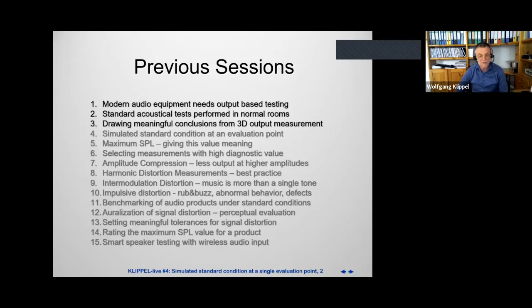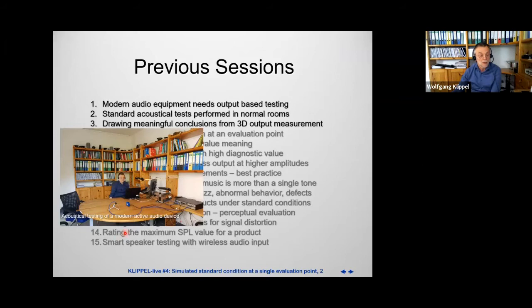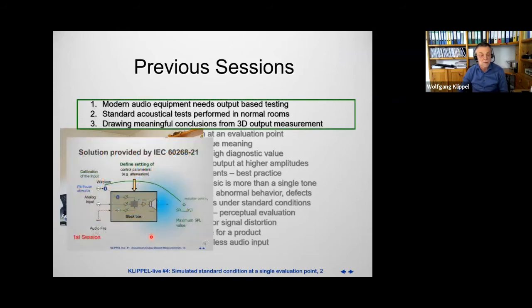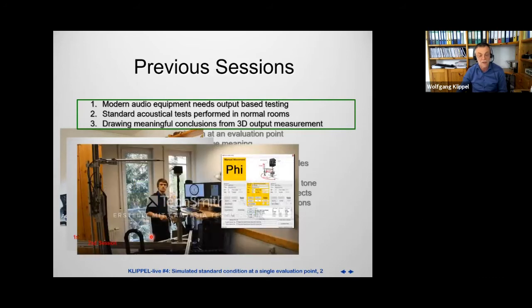Before I start with this interesting session, I would like to give a very short overview on the previous ones. We started with the introduction about the acoustical output-based testing, and then I have spoken about problems if we have active systems, that the transfer depends on the controllers, and we have many input channels and so on.